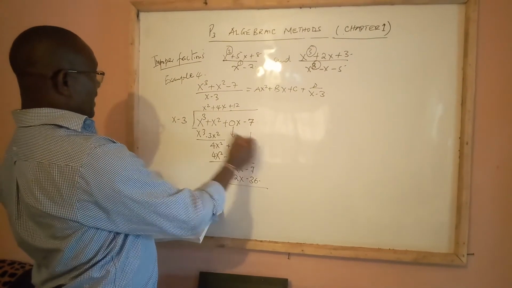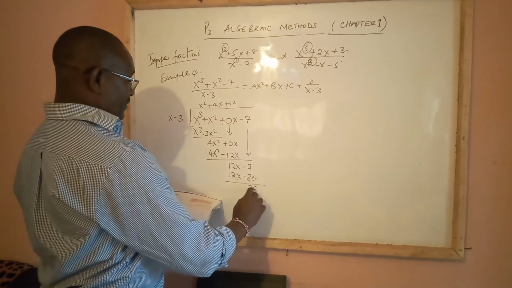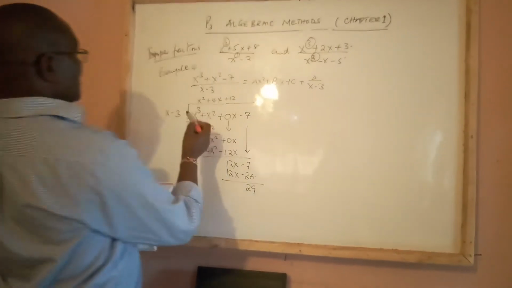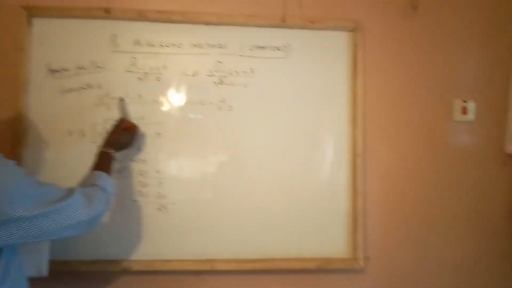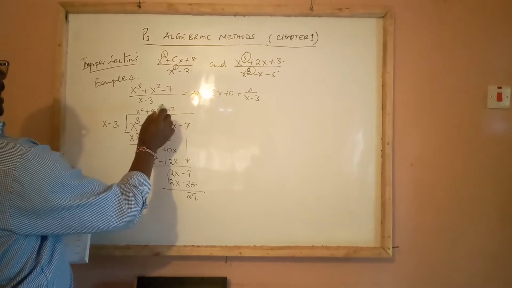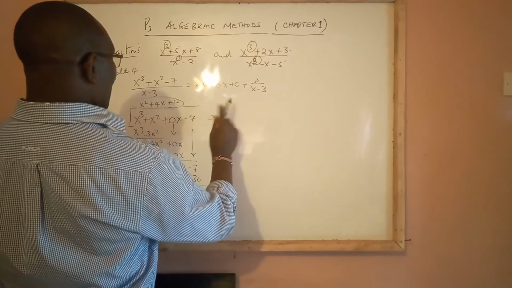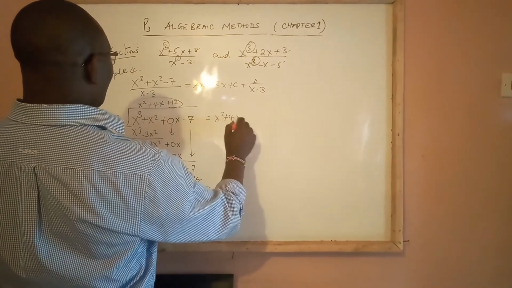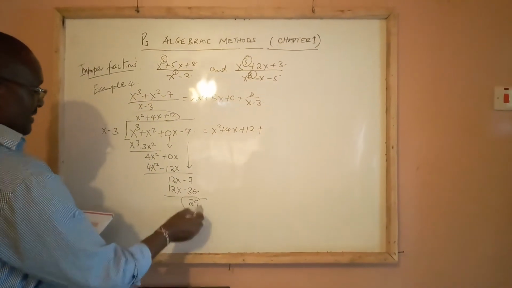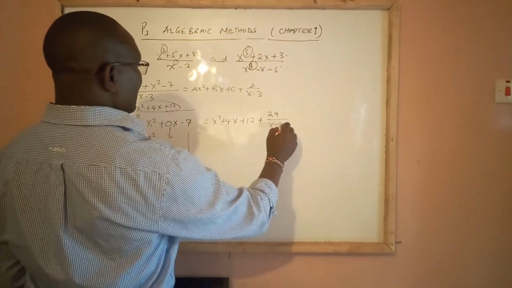Then when you subtract, it is minus 7 minus minus 36, which is positive 29. And what we have now is x cubed plus x squared minus 7 divided by x minus 3, with a quotient of x squared plus 4x plus 12 plus, now the remainder you can see is 29.